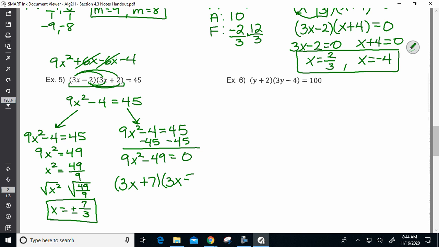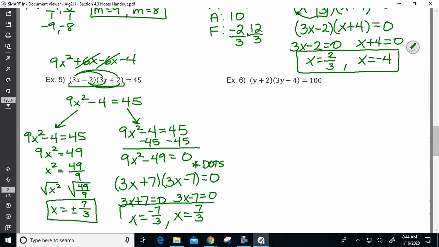Positive 7, negative 7. So this is the difference of two squares. Break them into two equations. And you get the exact same two answers. So we solved the same problem two different ways. Some problems will allow you to do it that way.